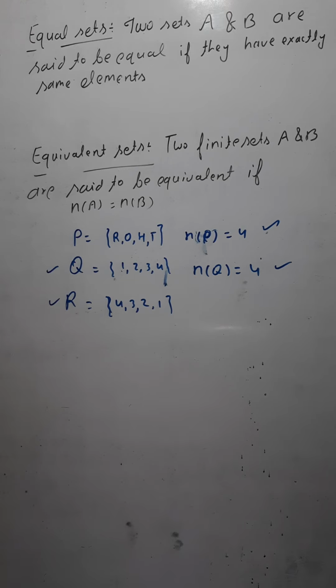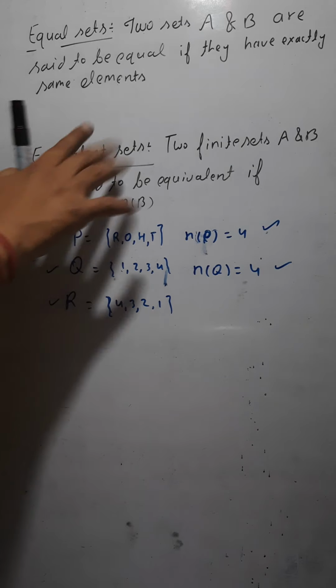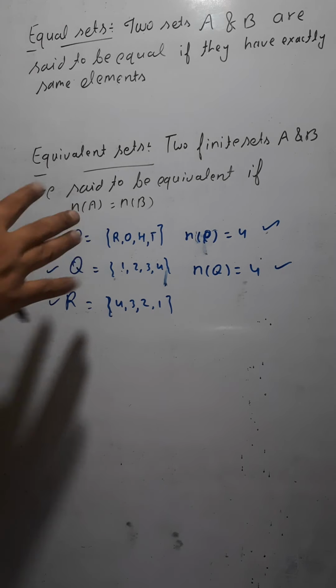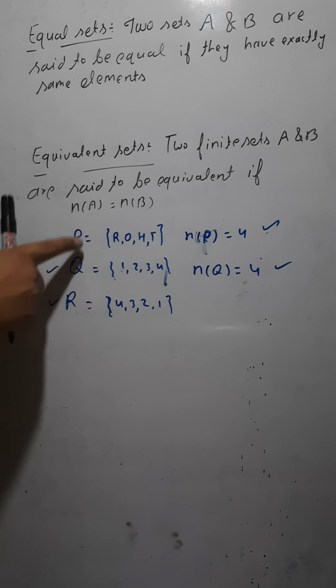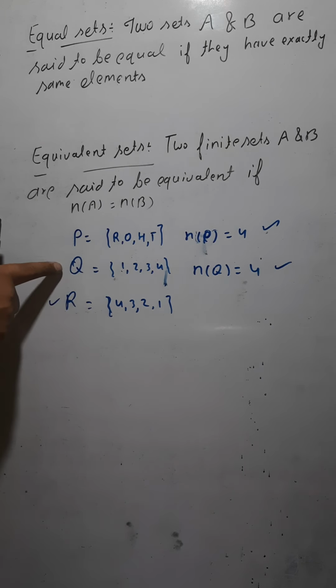So it implies whenever sets are equal, they are going to be equivalent sets also. But whenever sets are equivalent, it doesn't mean that they are equal sets. Like here, P and Q are equivalent sets but not equal sets, but Q and R are equal sets and equivalent also.